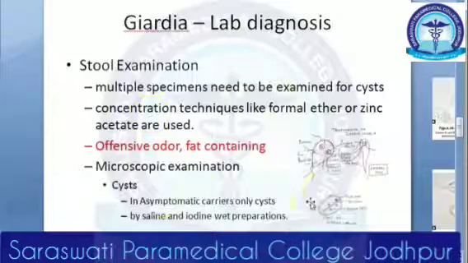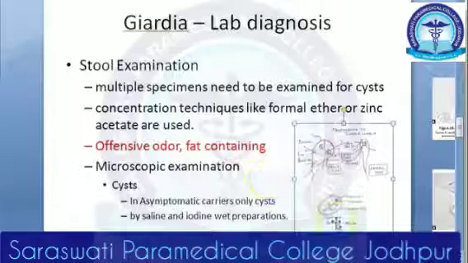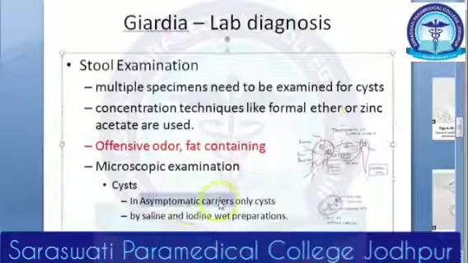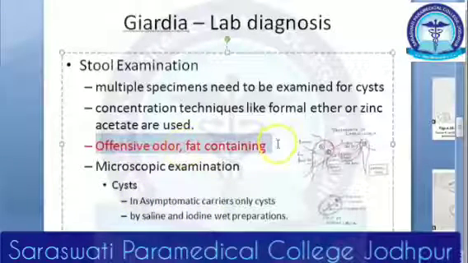Lab diagnosis, typical lab diagnosis is stool examination. You will see the trophozoites and the cysts. If there are only cysts, it can be an asymptomatic carrier. The stool will have an offensive odor with fat.